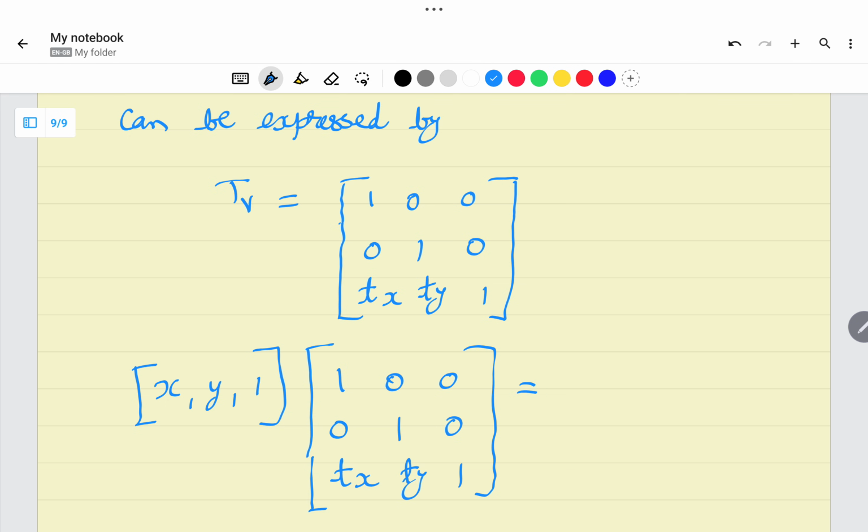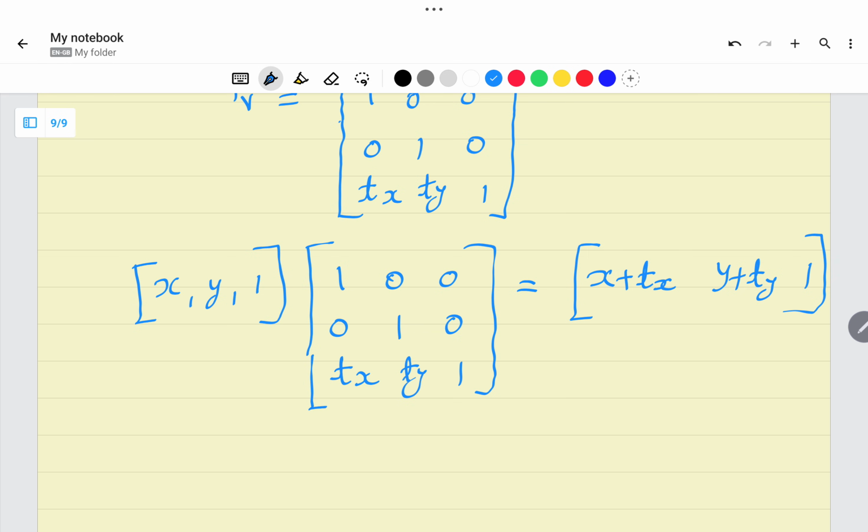So this will give us the result x plus tx, y plus ty, 1. From this we can easily decode x and y. That's how we got translation in 3 by 3 form, and we can multiply that with the homogeneous coordinate form of the point and get the result.